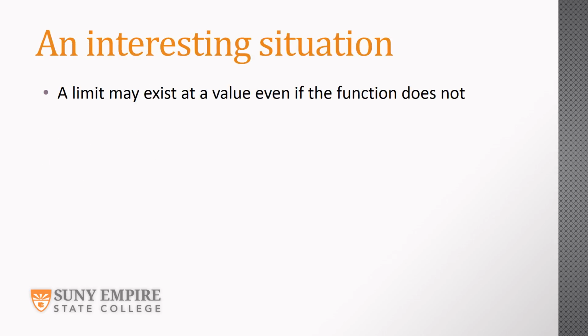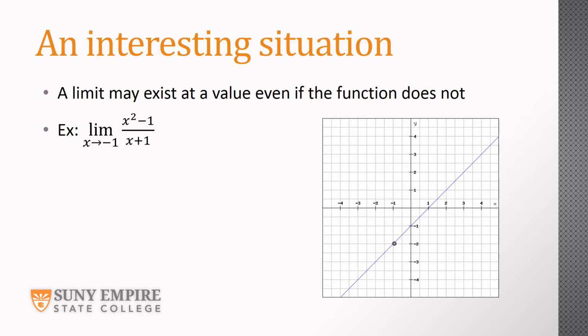A function does not have to be defined at an x value for the limit to exist at that point. For example, consider the function x squared minus 1 divided by x plus 1. We want to find the limit as x approaches negative 1 for this function. Take a look at the graph for this function. It looks very much like a straight line, except there is a hole in the graph.